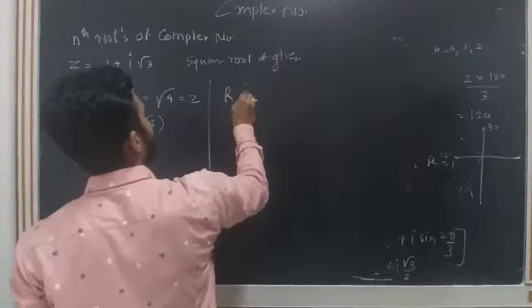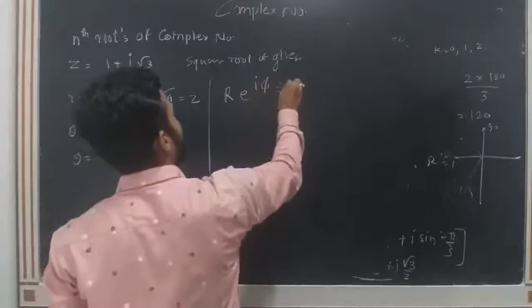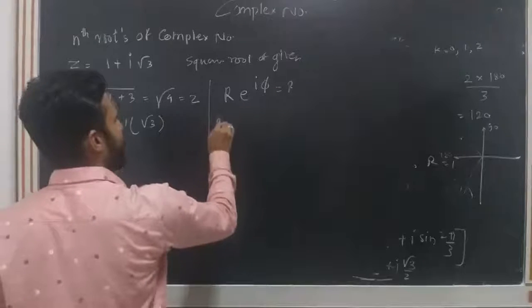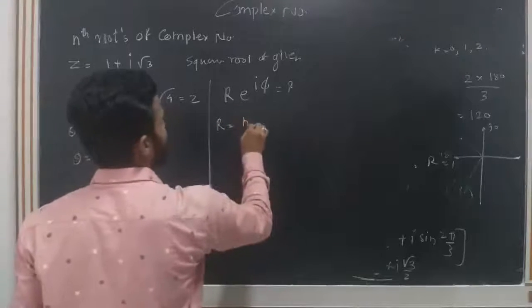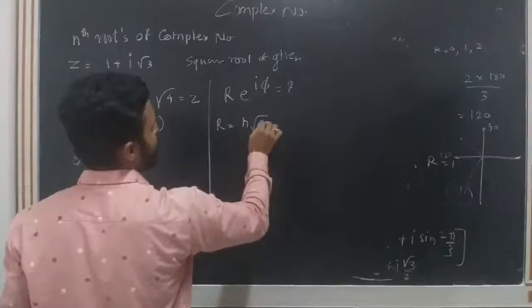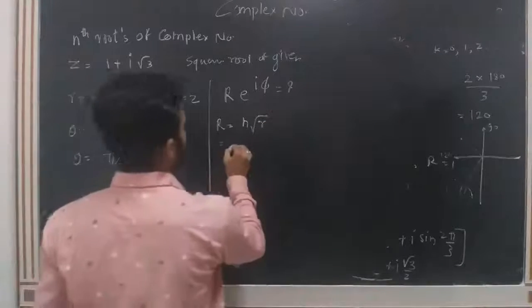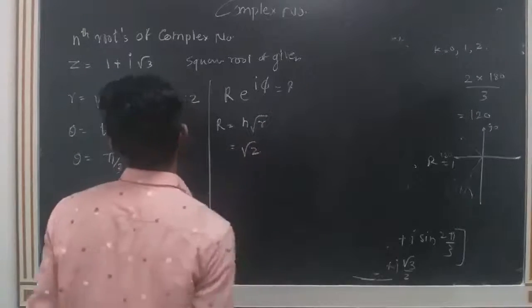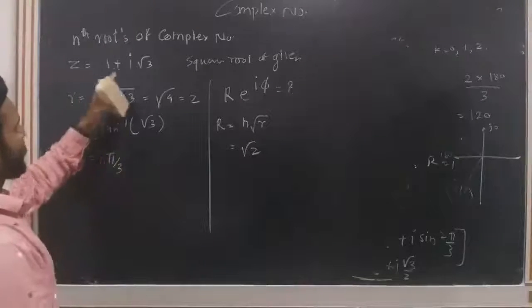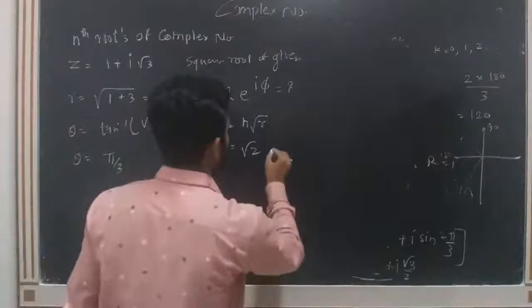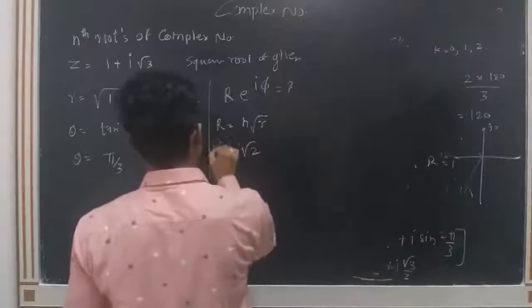Find out R e raised to I phi. First, R is equal to the nth root of the given r. So r is equal to 2, so square root of 2, because n is equal to 2.